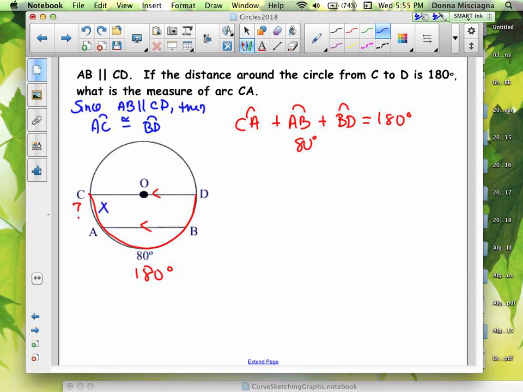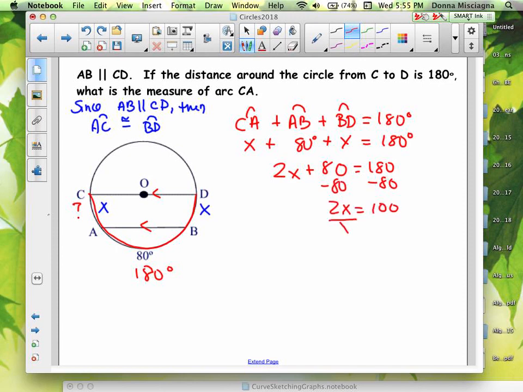Let's just call them X. So that's going to be an X plus an X equals 180, and we can add those like terms together, right? So x plus x is 2x. So 2x plus 80 degrees equals 180. And if we subtract 80 degrees from both sides, 2x is equal to 100.